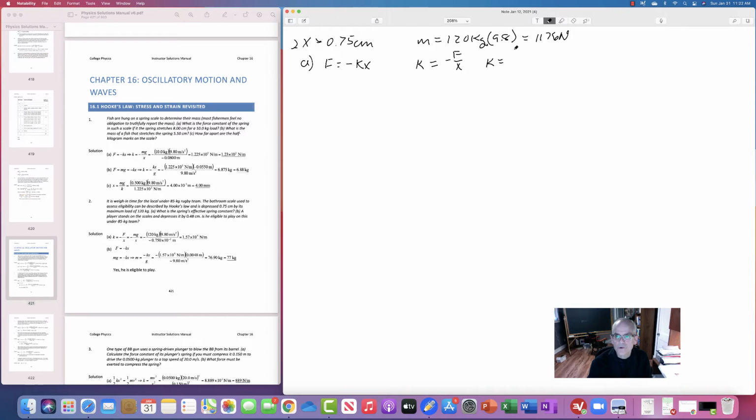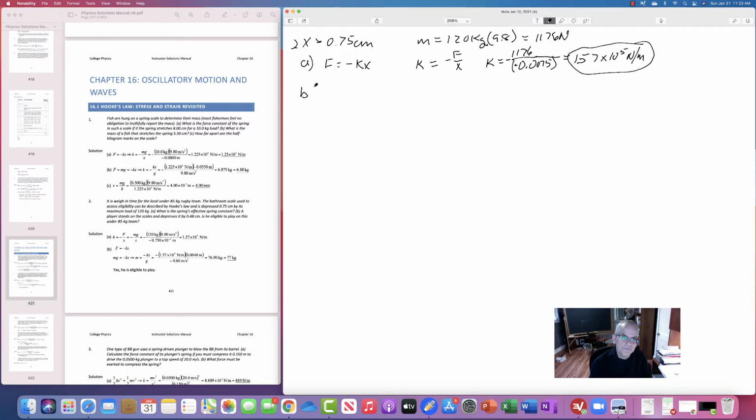So k is going to equal 1176 divided by, and you can do this either keeping centimeters, or more correctly using meters, 0.0075 meters. Then your answer is going to be 1.57 times 10 to the 5th newtons per meter. So maximally loaded, the effective spring constant here is, with a negative sign too, 1.57 times 10 to the 5th. So that's the first answer.